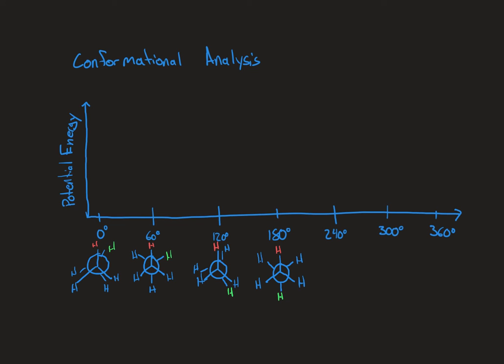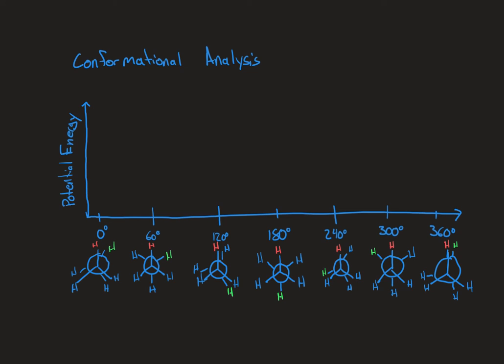If I do the same thing rotating the bottom hydrogen, or the green hydrogen, to the left, I can fill in 240, 300, and 360 degrees. If we consider the potential energy of these conformations, the staggered conformation is going to be the lowest energy because there's the most space between the hydrogens.